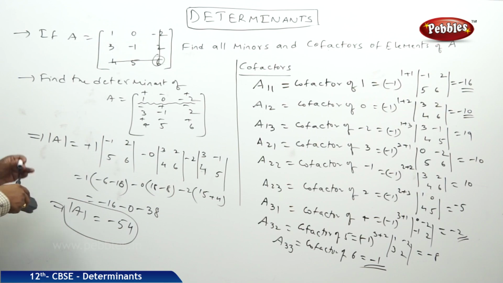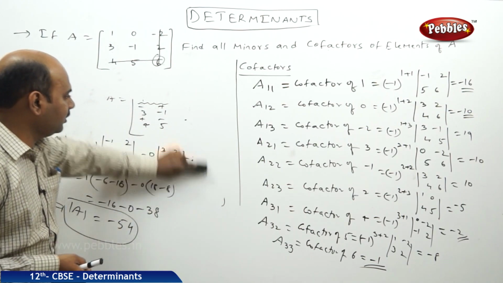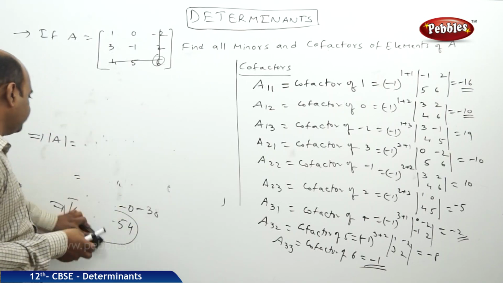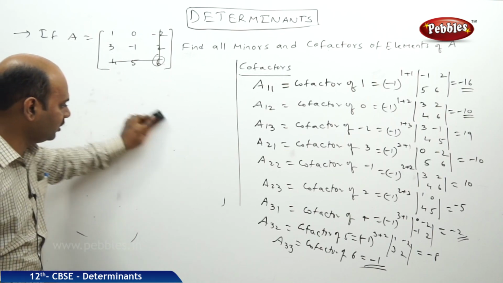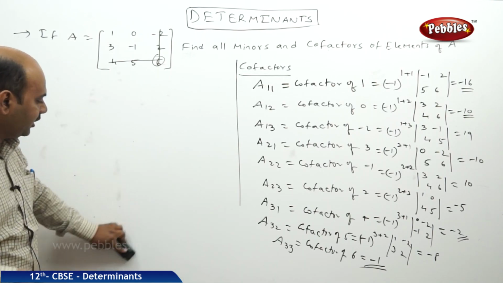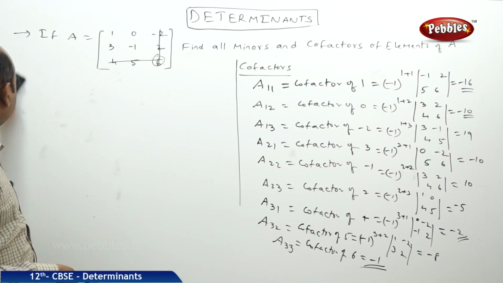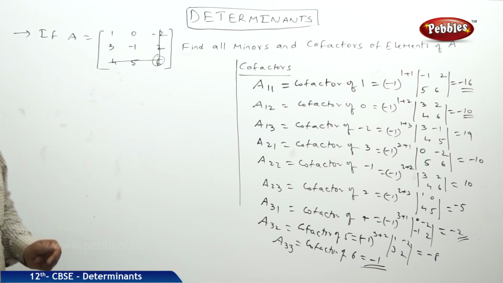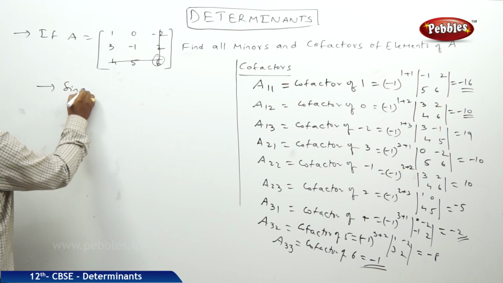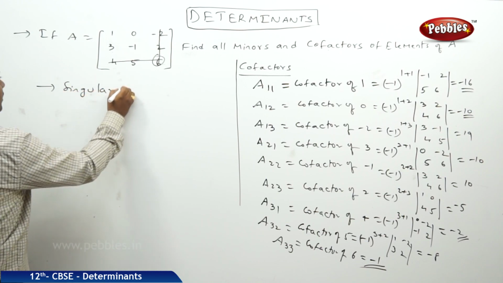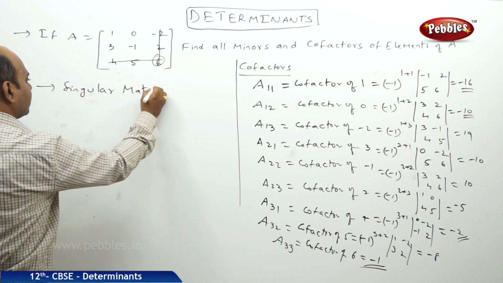Right. Now I think you people are clear in finding the determinant of the matrix. Now we shall be seeing 2 to 3 definitions, and then using the same problem we will be doing another small example. Here is a very important definition: singular matrix.